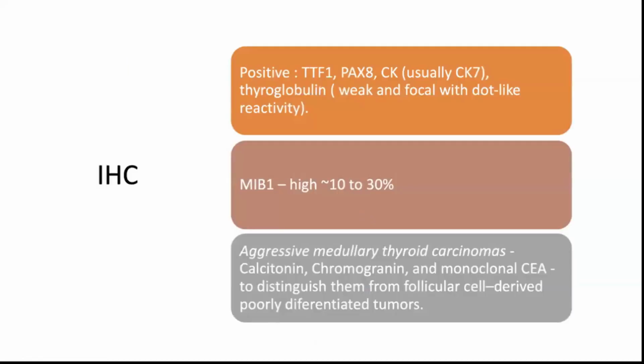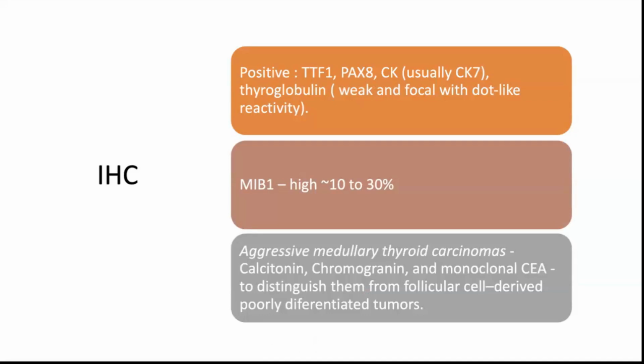In differentiated high-grade tumors, because differentiation is present, the IHC would still be positive for TTF1 and PAX8. Thyroglobulin may also be present because of the presence of some differentiation. MIB1 is relatively high, 10 to 30%.